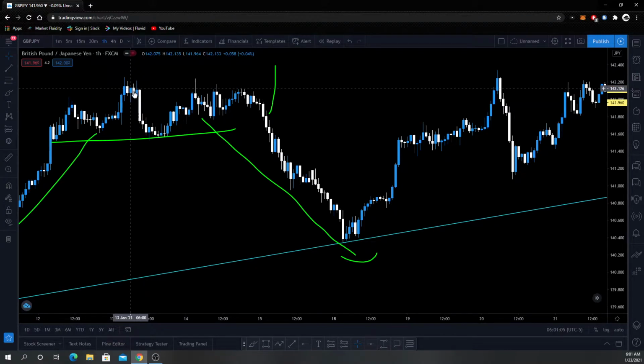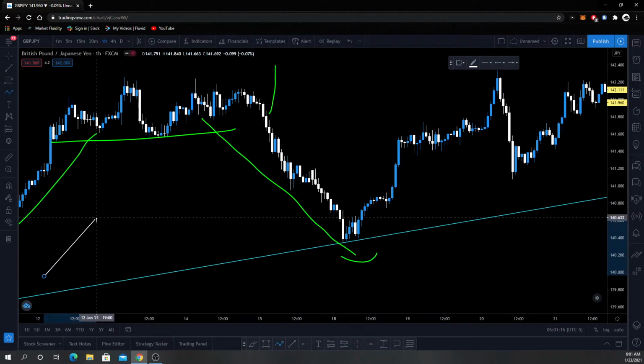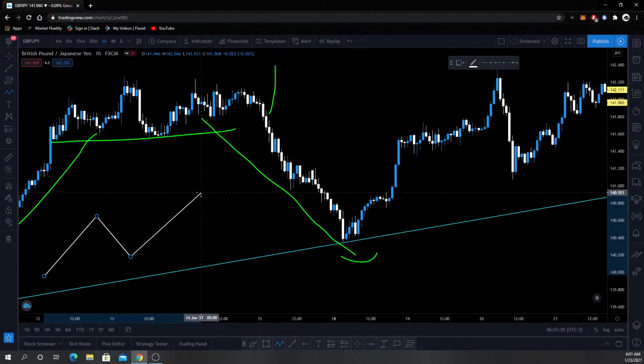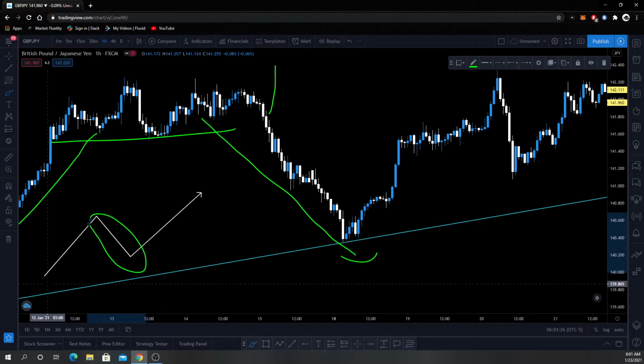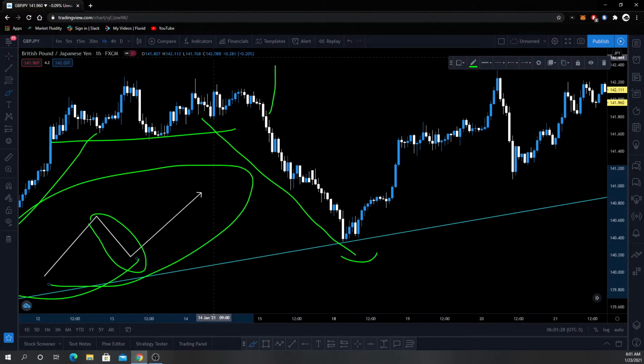But because I'm in a lower time frame, what trends tend to do is, for an uptrend, create a lower high, create a higher high, a lower high again, a new high. So what we're trying to do is take advantage of this move in a bigger move.